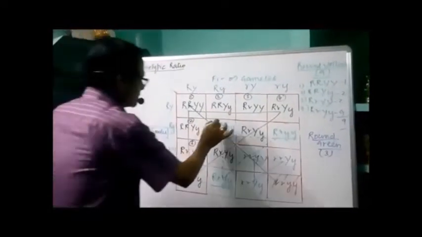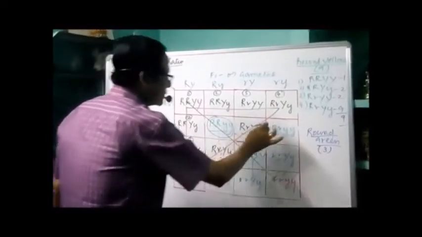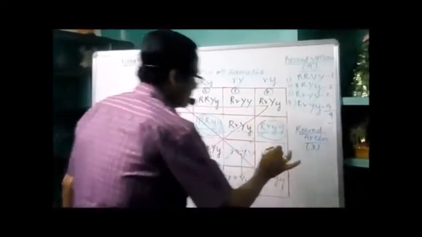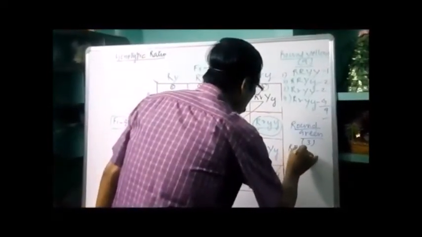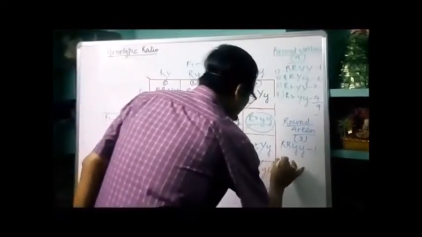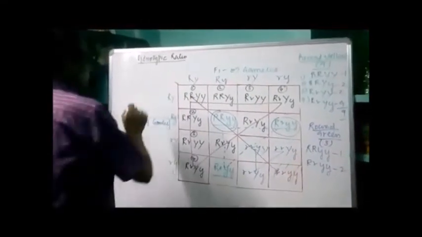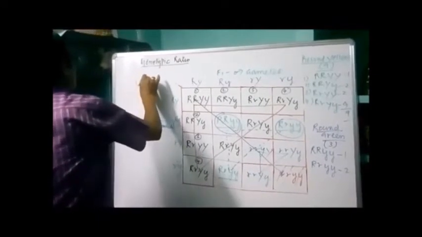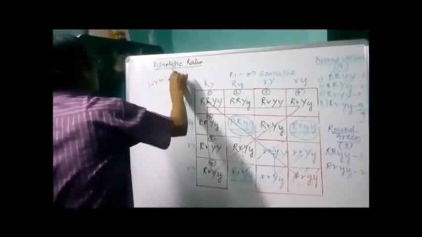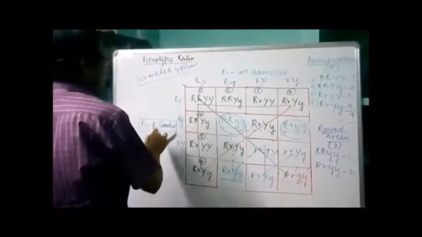Now I am taking round green. For round green, there are 2 genotypes. This is one genotype, this is another genotype. So capital R, small y and capital R, small y, in the ratio 1:2. Next, wrinkled yellow. Again there are 2 genotypes.